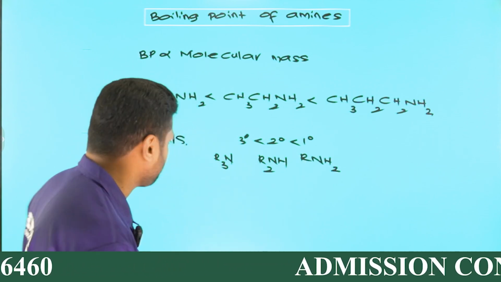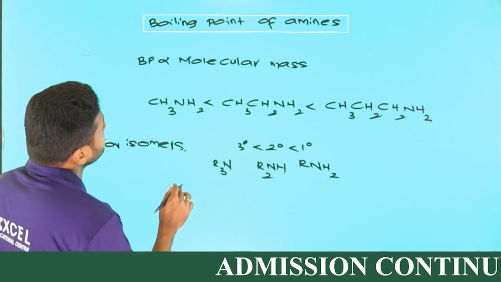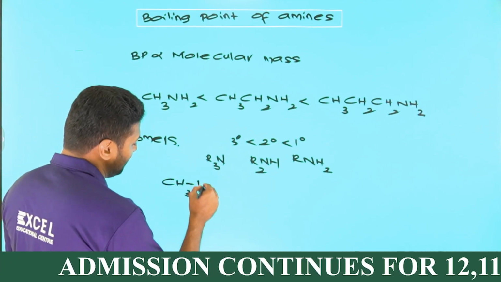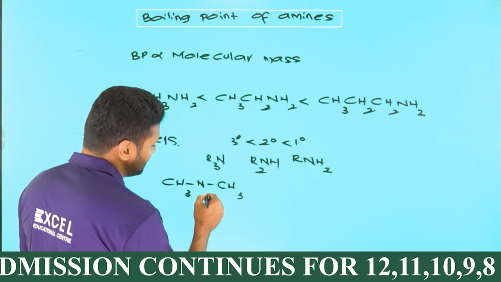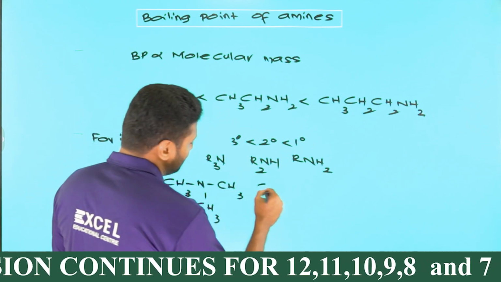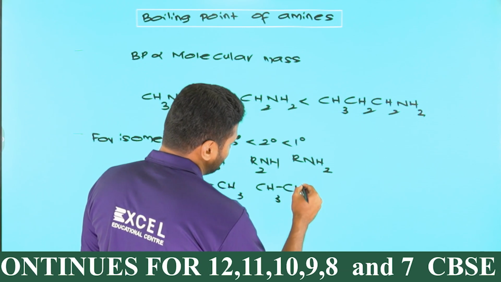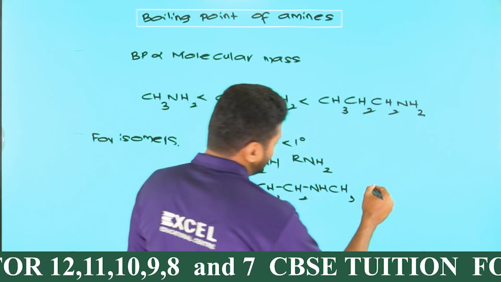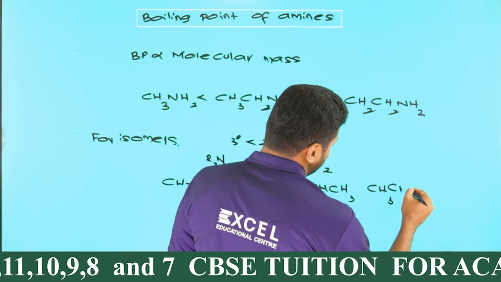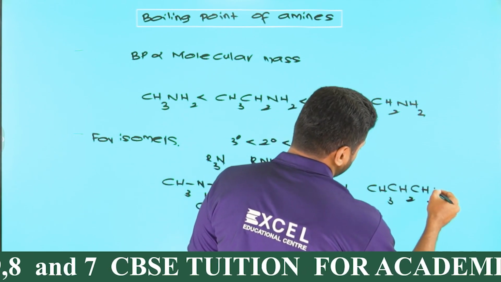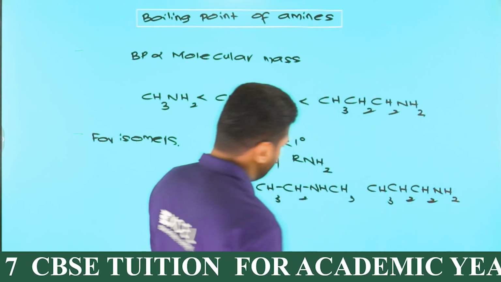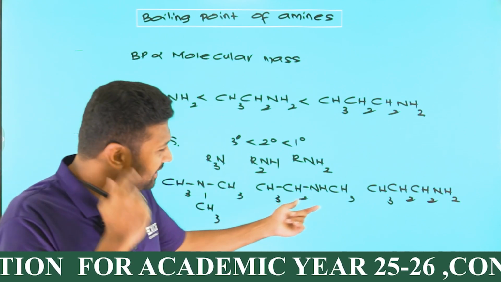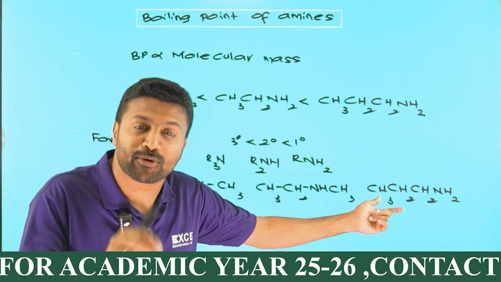For example, imagine CH3NHCH3... actually CH3, N, CH3, CH3, then CH3CH2NHCH3, then CH3CH2CH2NH2. Here the number of carbon is 3, 3, 3, the same, so they are isomers.